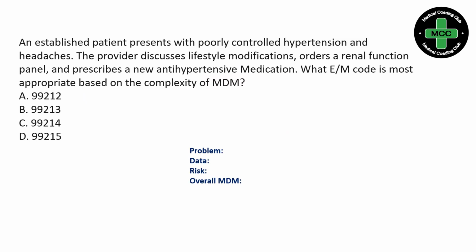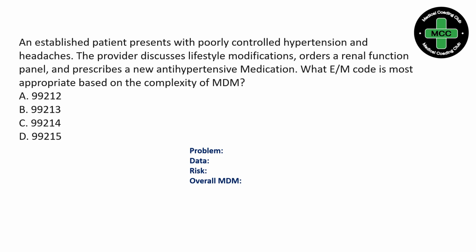So the next question: an established patient with poorly controlled hypertension and headache. The provider discusses lifestyle modification, orders a renal function panel and prescribes a new antihypertensive medication. What is the E/M code? So again, apply the PDR.